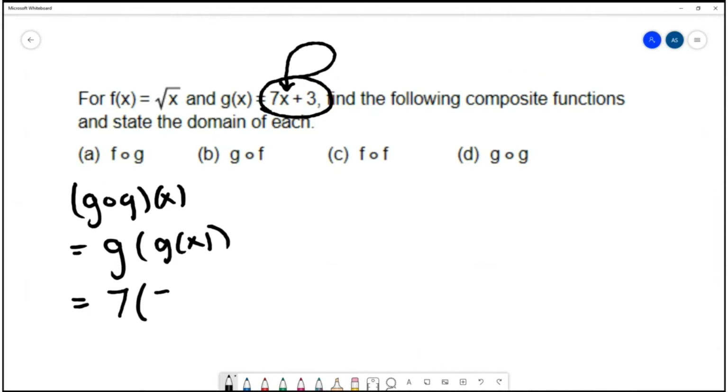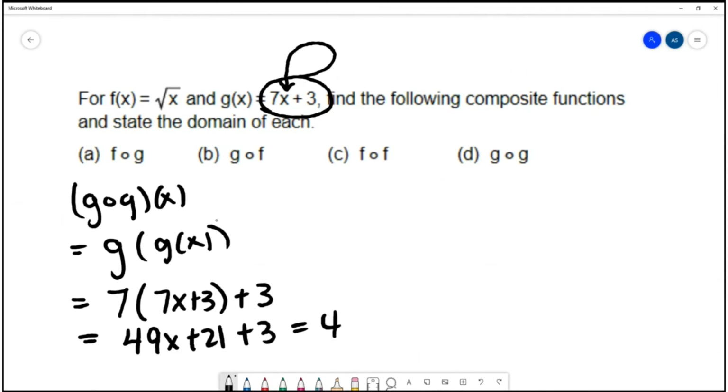That will give 7 times 7x plus 3, plus 3. To simplify this, we can use the distributive property. That gives 49x plus 21 plus 3. That's 49x plus 24.